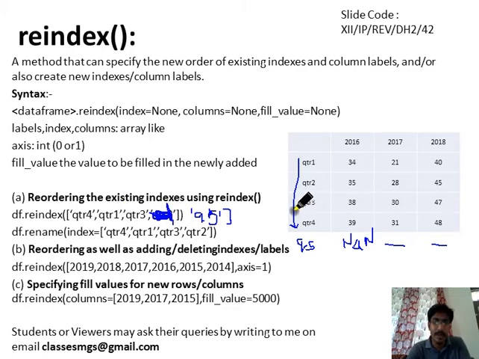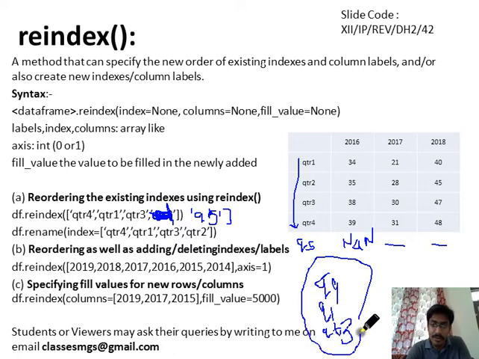Then it will only display quarter 4, quarter 1 and QTR3 in the output, but it will not display QTR2, because QTR2 is present in the original data frame but has been removed from the reindexed data frame. So this is how it works for deleting an index, deleting a row. And in the previous example we have seen adding a row.